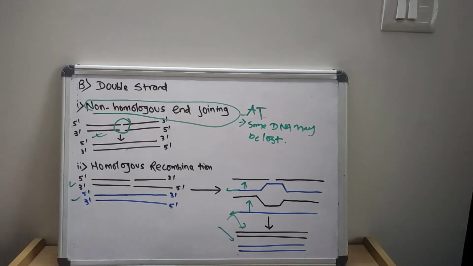It is defective in breast and ovarian cancer with BRCA1 mutation and in Fanconi anemia. It restores the duplex accurately without loss of nucleotides.